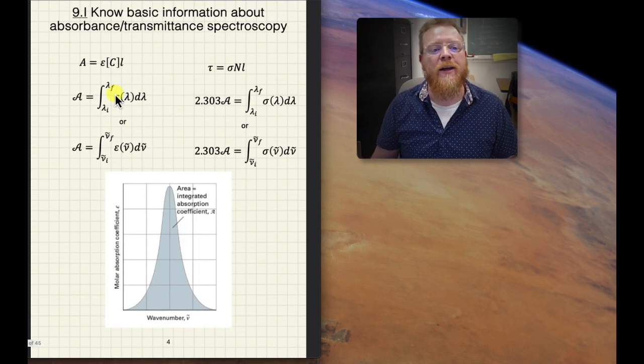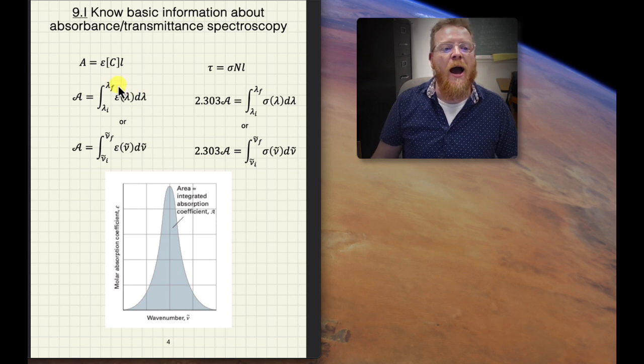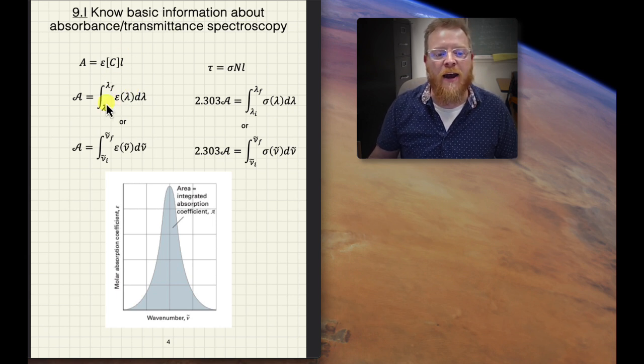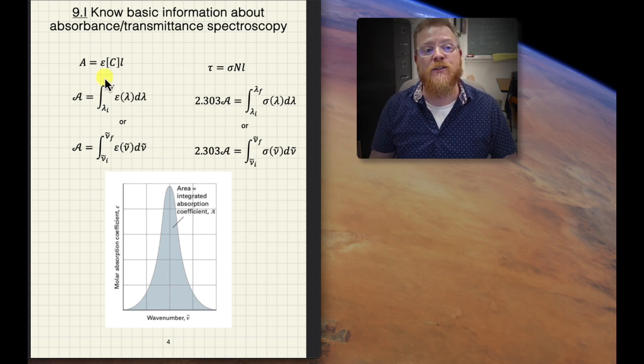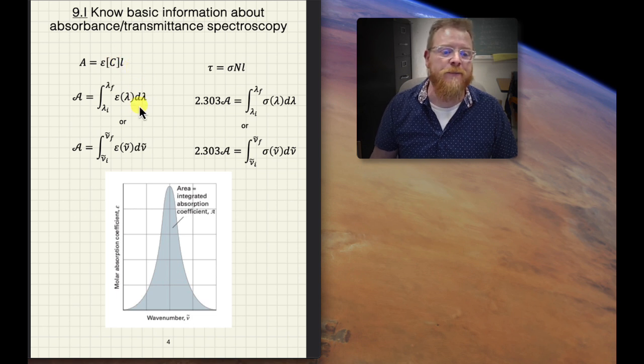Okay, so if we keep going with this, we can see then that a useful thing to be able to do is quantify the absorbance so it can be used in Beer's law. So typically we can determine concentration.